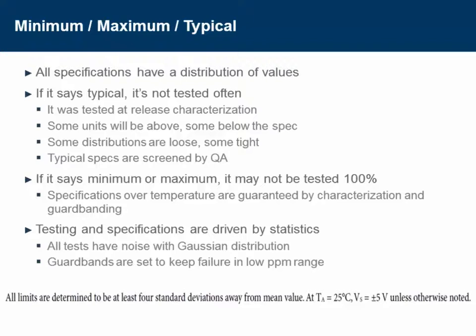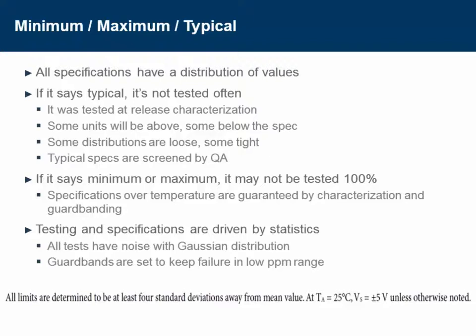And again, the testing and specs are driven by statistics, and we know that there will be outliers on this sort of thing, but we find that the min-max limits are at least 4 standard deviations away from the nominal.